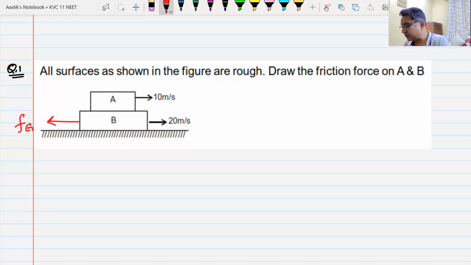Now I look at body A and body B. Remember, friction opposes motion. No, friction does not oppose motion. Friction opposes relative motion. With respect to body B or with respect to body A, how is the other body moving? If I become A, how is the body B looking to me?